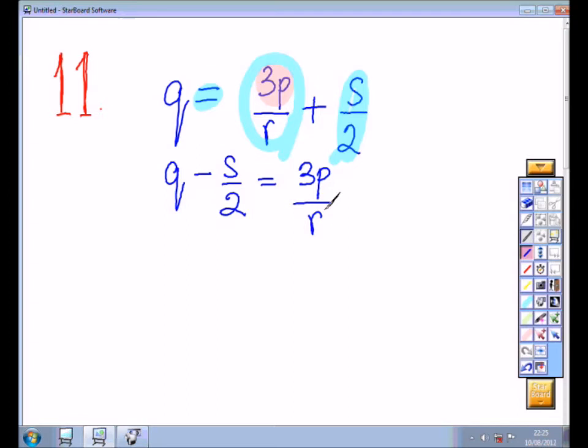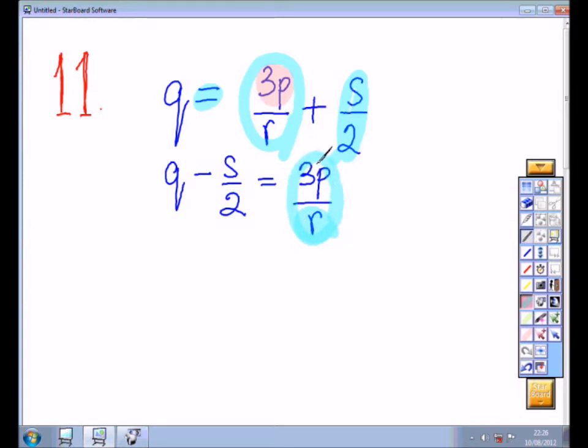Now we know that by multiplying both sides of the relation as it is now by R, we are going to have only 3P on the right side of the relation statement. So that is exactly what we are going to do, so that this R will be removed from this entire term.